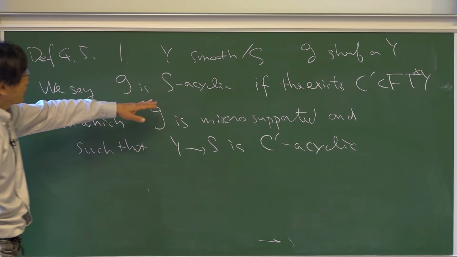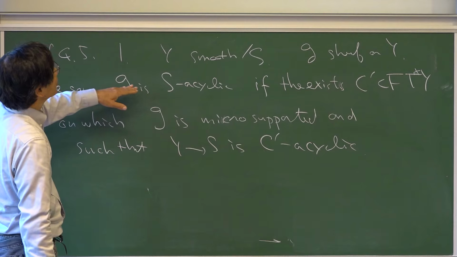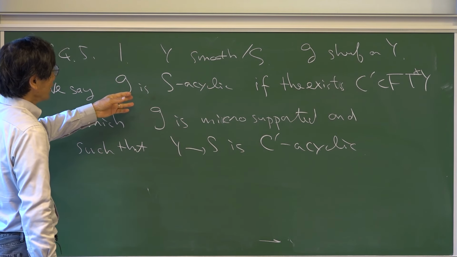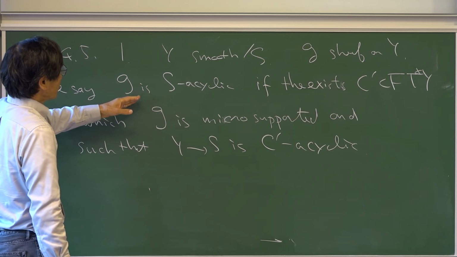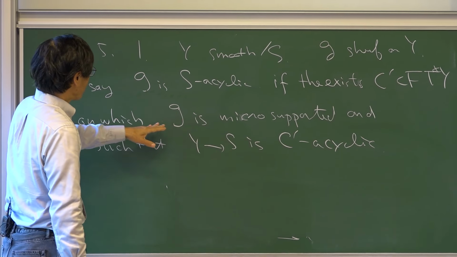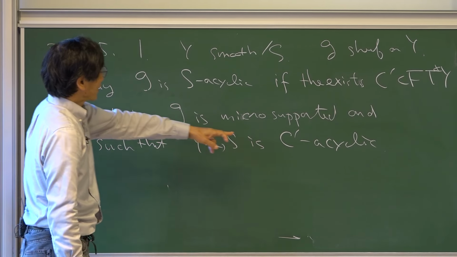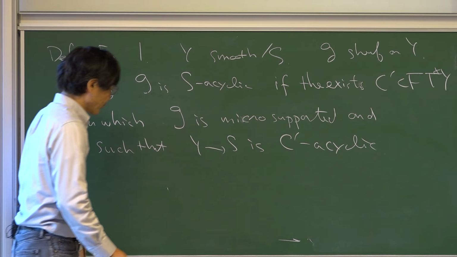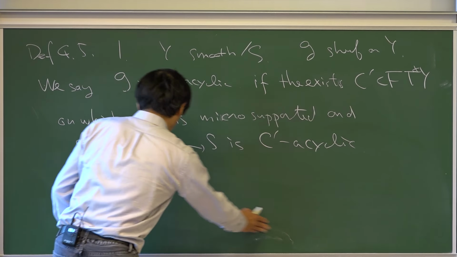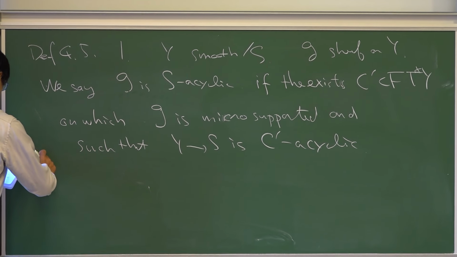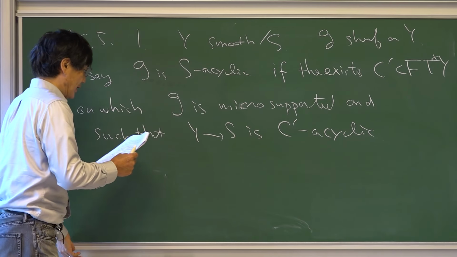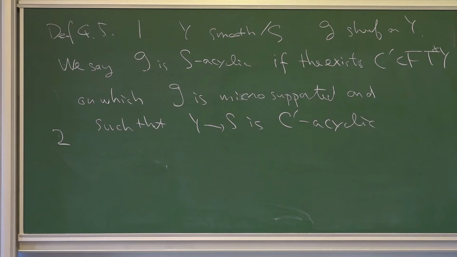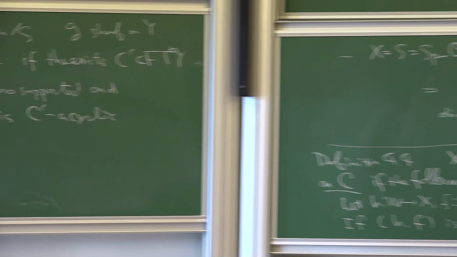I want to define the condition that G is coming from Y0 in terms of micro support. So this G is micro-supported on C prime, and I require this condition on C prime. Using this, I define this condition.